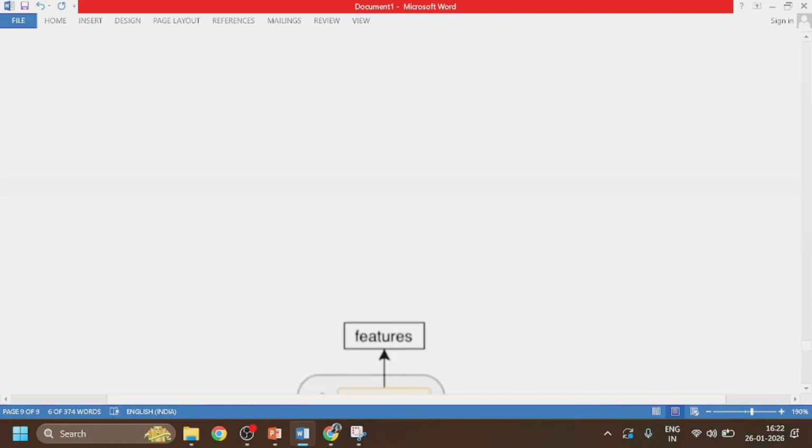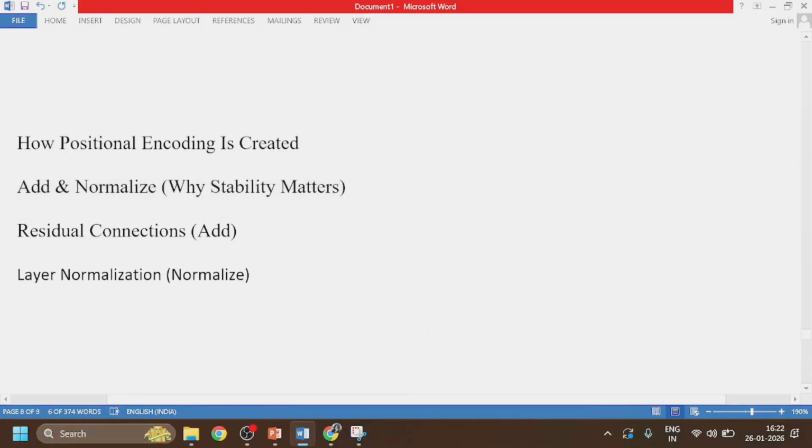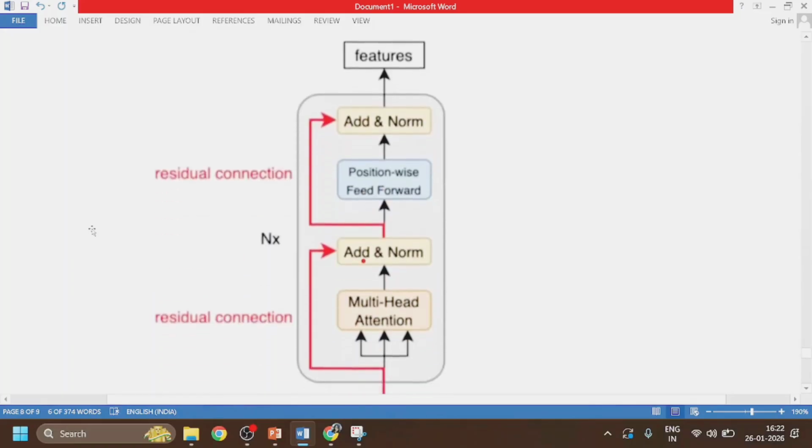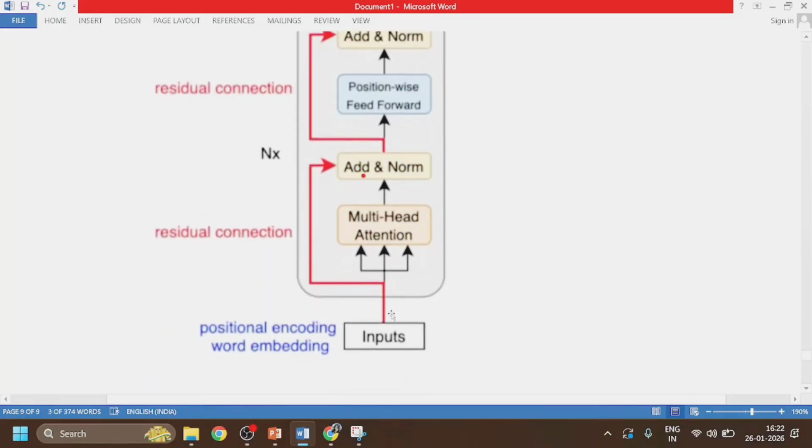And after this we can see the residual connection. This red line is our residual connection.